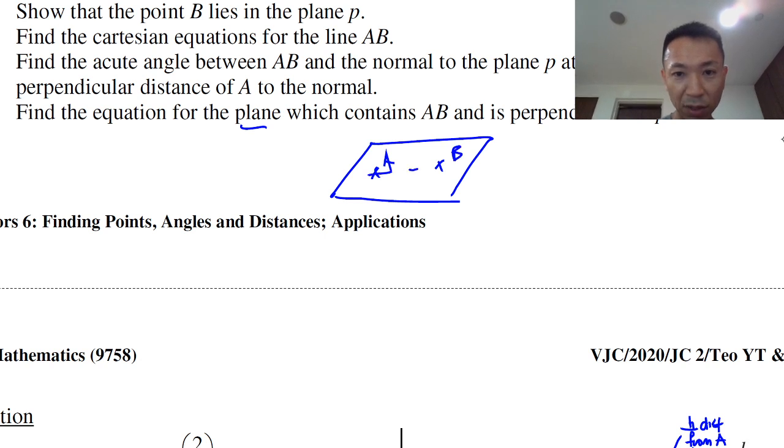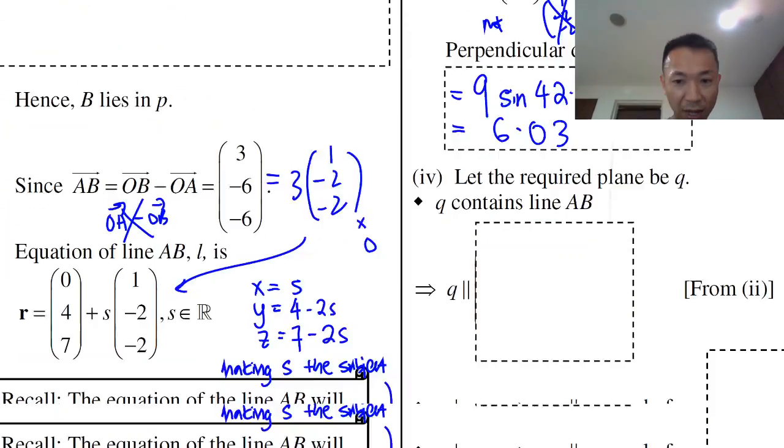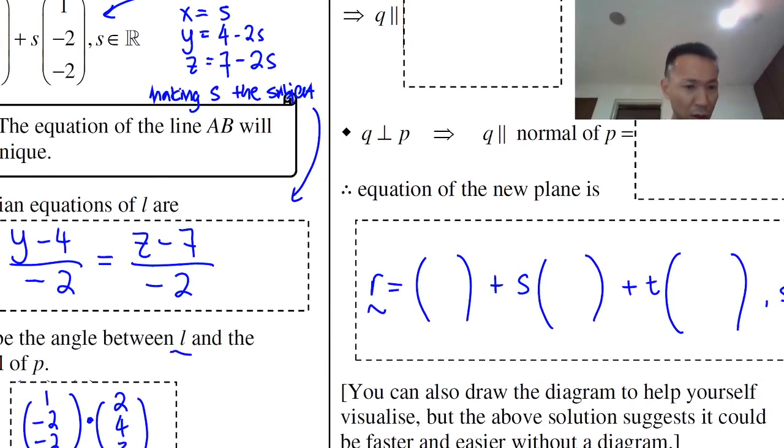This new plane must contain AB. Correct? And it's perpendicular to P. Later we use this, but definitely I know one point on the plane, which is either A or B. In this case, I use A. Not difficult. I can immediately write this down. Now, this is 0, 4, 7.